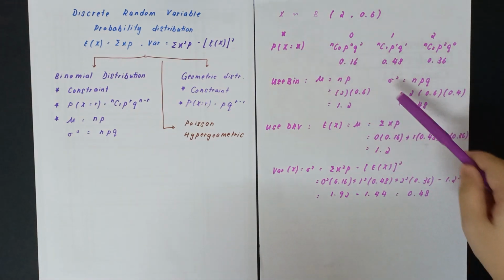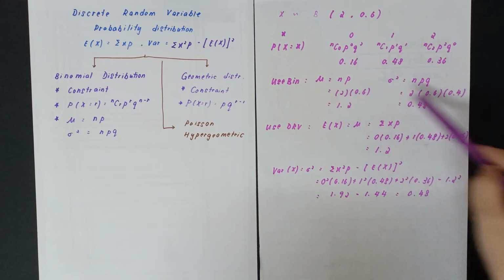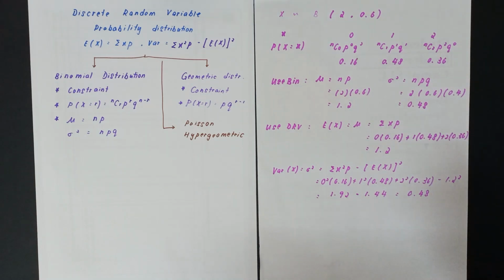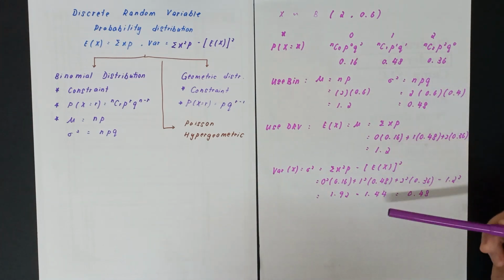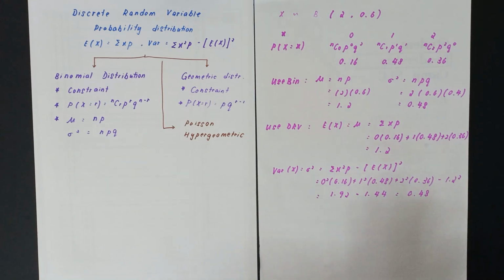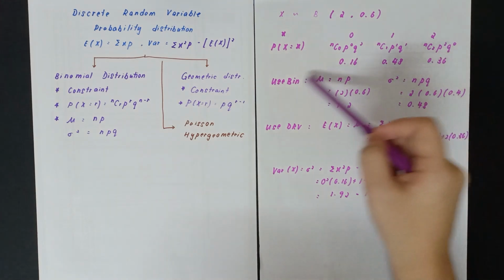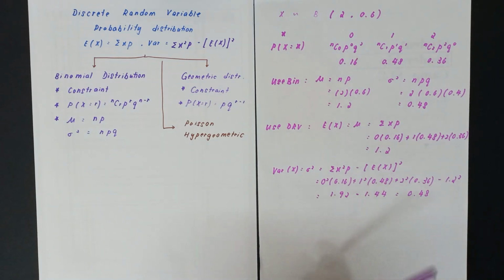By using binomial in a very short way, you can get the answer and see the real meaning of expectation and variance. So that's why we are not using this. But can you use that? Yes, why not? Because binomial distribution is one of the distributions produced by the discrete random variable.